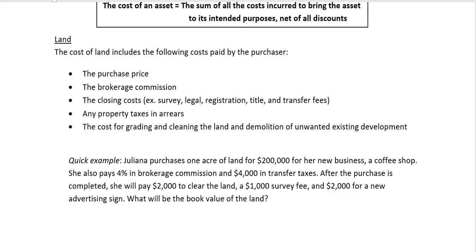So if you're buying land with established fixtures on it, like say a building or even flowers or trees, if your intended use is to clear the land and put something else on it, all the demolition and clearing of the land is considered to be part of the cost of land.